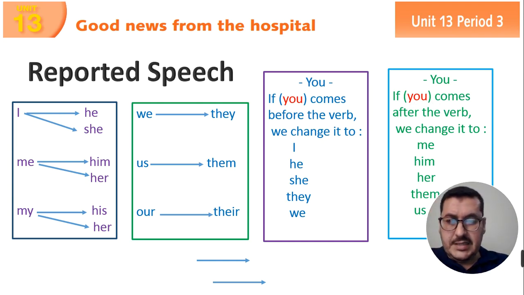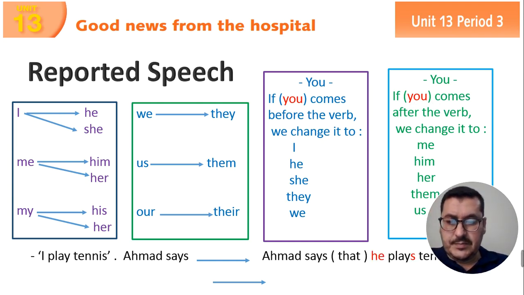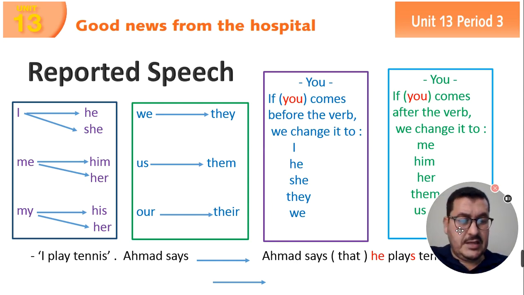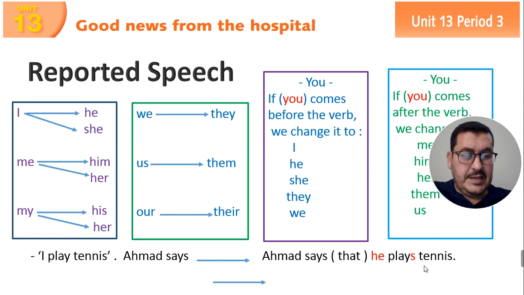Now let's take an example about this. Ahmed: I play tennis. "I play tennis," Ahmed says. So be careful about these commas on the top. This is when we have direct speech. This is what Ahmed says, so we have to put it between quotation marks. And when we report this sentence, we remove these marks. So we have Ahmed says that he plays tennis.